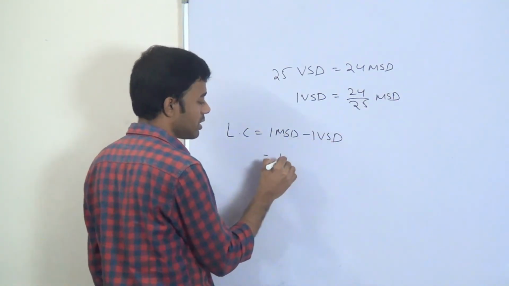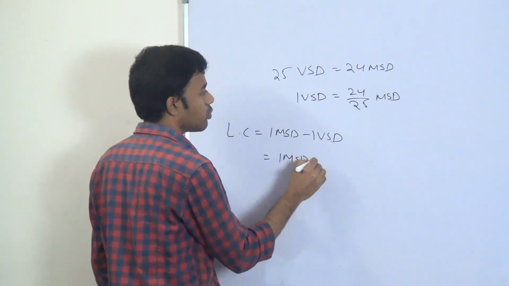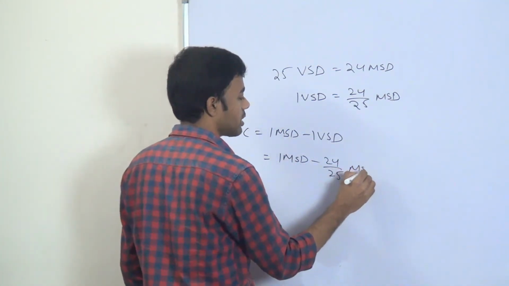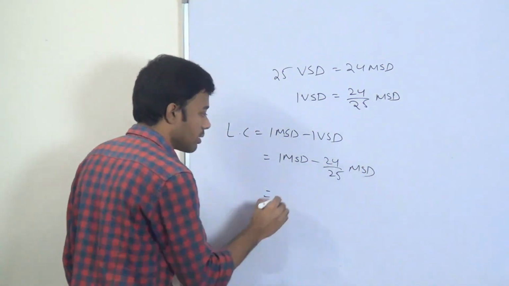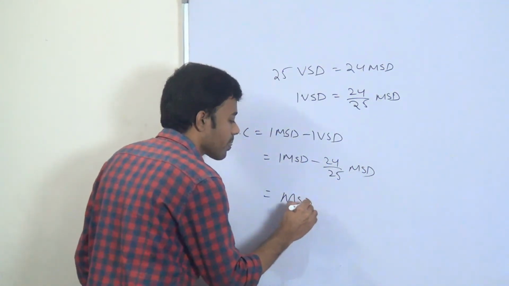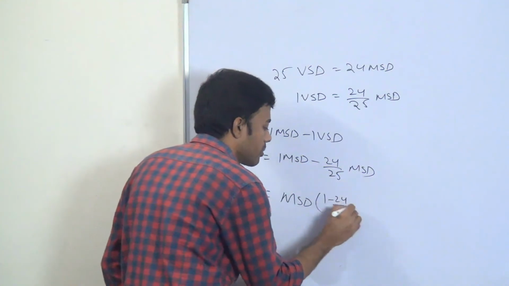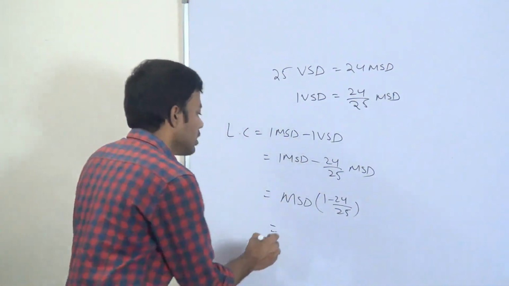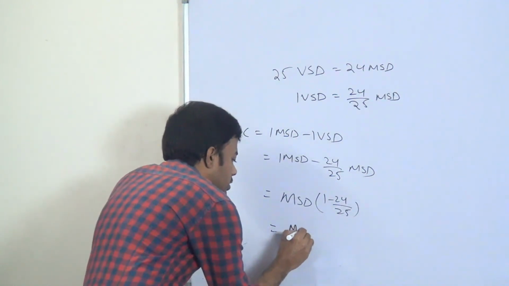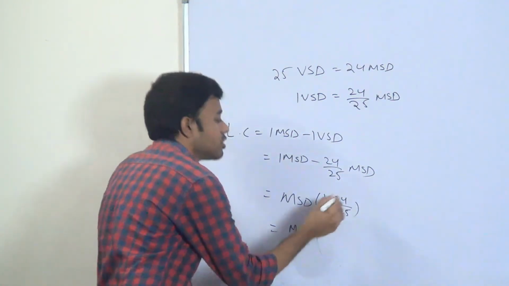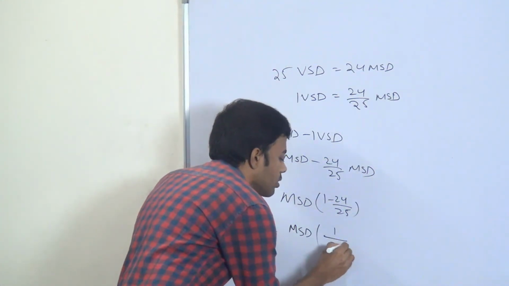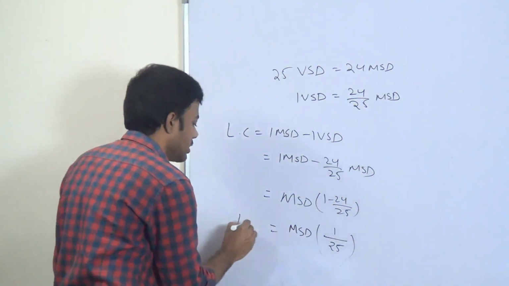So 1 MSD minus 24 by 25 MSD. Taking main scale division as common, it is 1 minus 24 by 25. Obviously you will get MSD into (25 minus 24) by 25, which is 1 by 25. It is the least count.